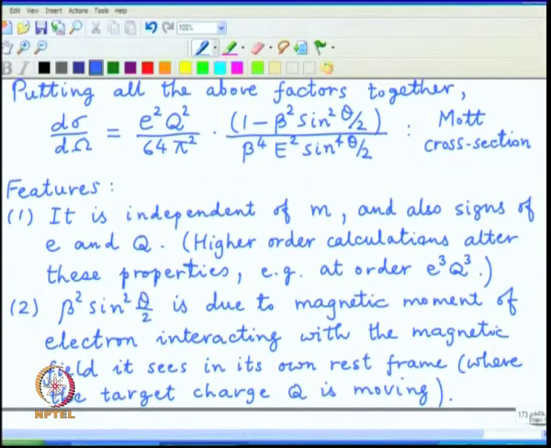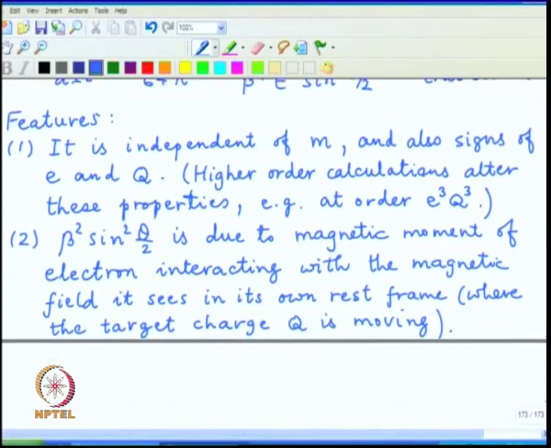And one can see that this is indeed true by doing a similar calculation, but not with an electron, but with a scalar particle like a Klein-Gordon field, where the magnetic moment is not there, and then this new feature disappears. And so, we can be sure that it is a contribution of the spin of the electron.